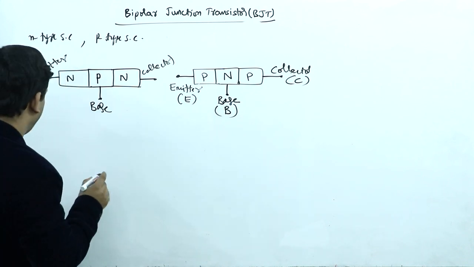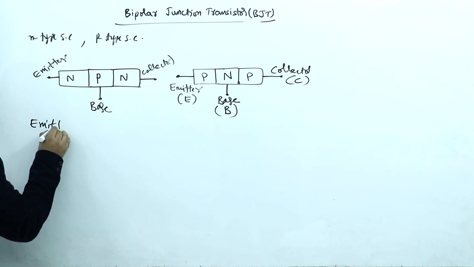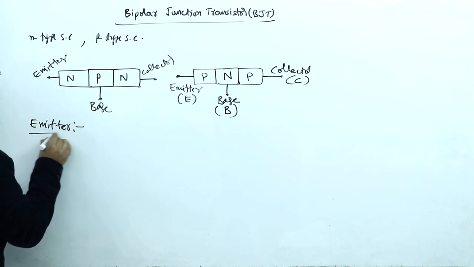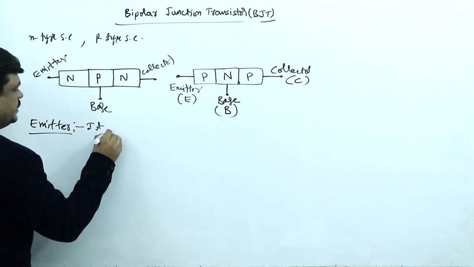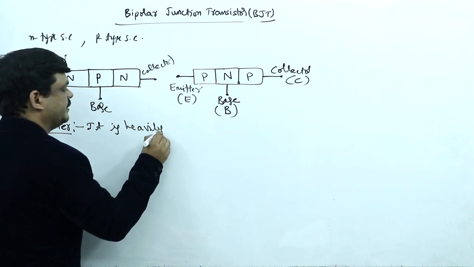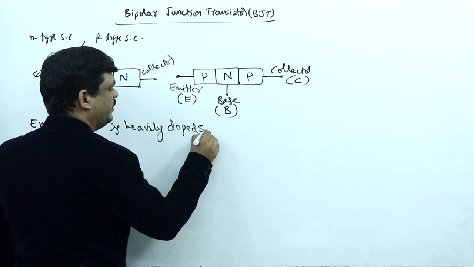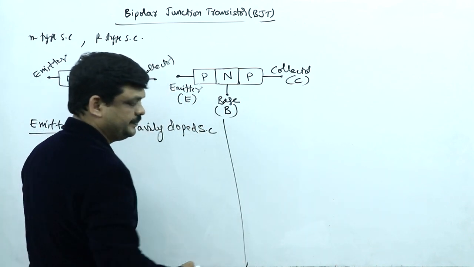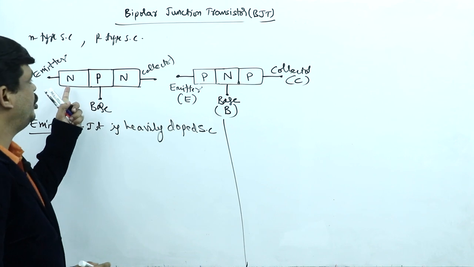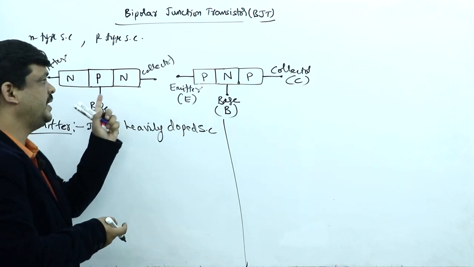First of all, I am writing emitter. It is a heavily doped semiconductor. This emitter should be heavily doped, either N-type or P-type, so 2 types are possible here: one is NPN and another is PNP.